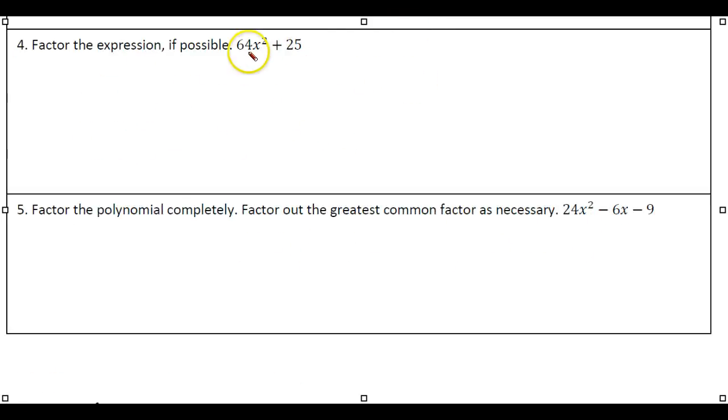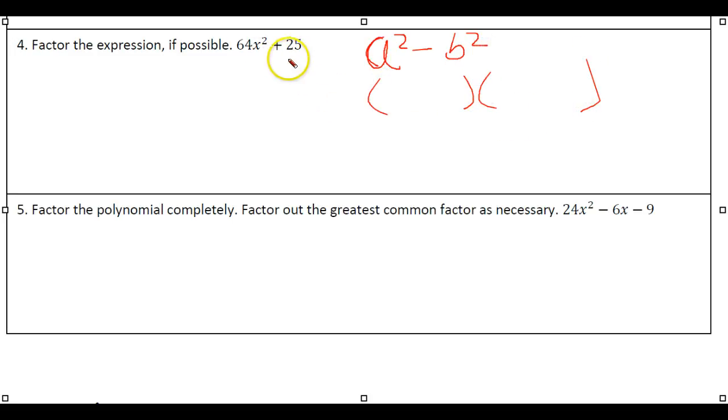Looking at example 4 now, this is a perfect square. This is a perfect square. But this is the sum of perfect squares. We said if they were the difference of perfect squares, that would factor into their conjugates.